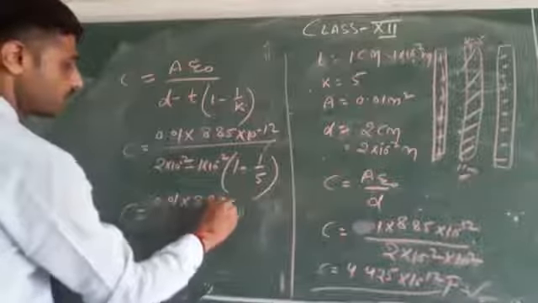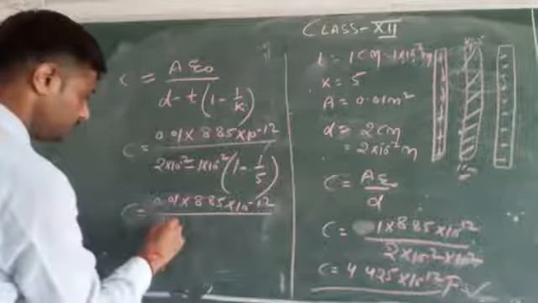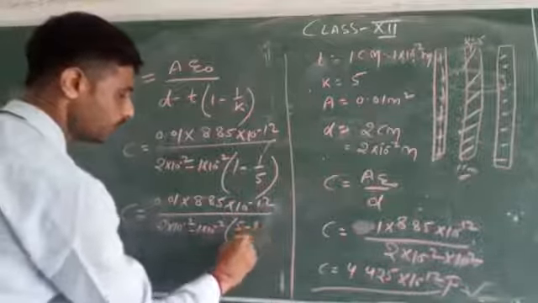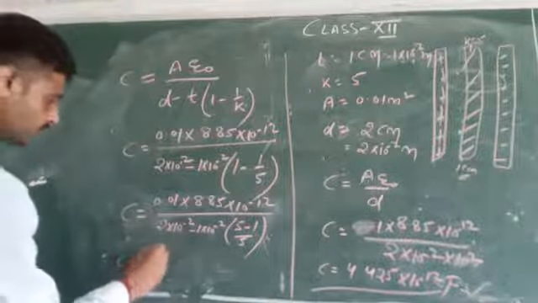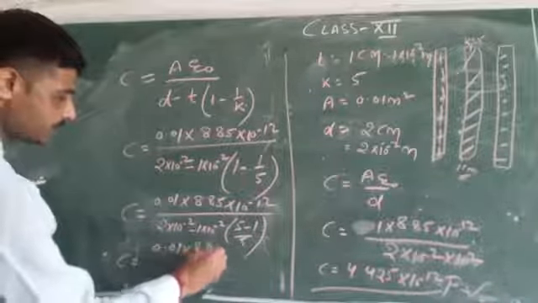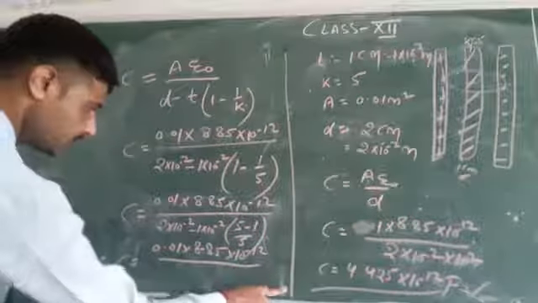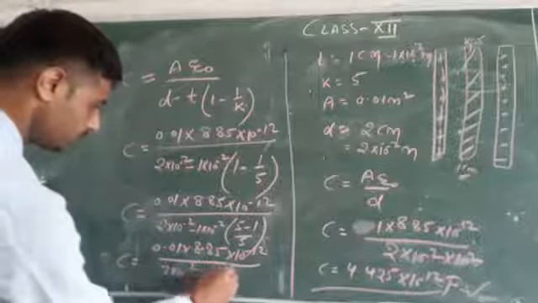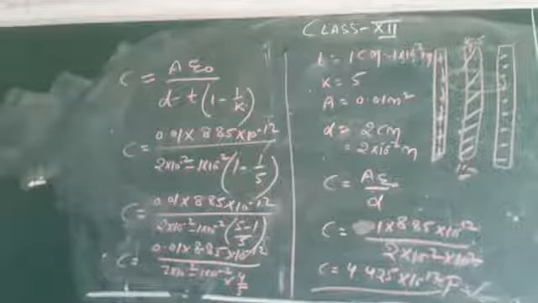So C is equal to 0.01 into 8.85 into 10 to the power minus 12 upon 2 into 10 to the power minus 2 minus 1 into 10 to the power minus 2 times 1 minus 1 upon 5.